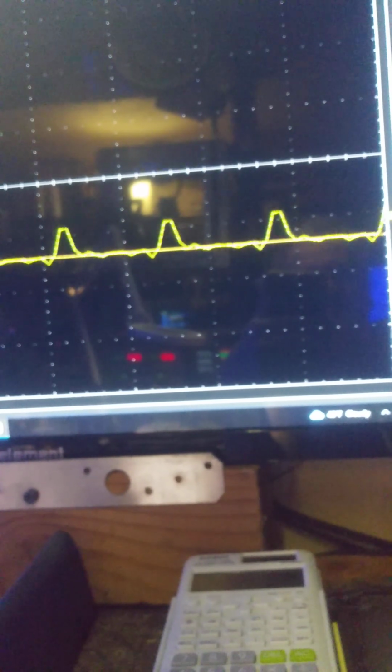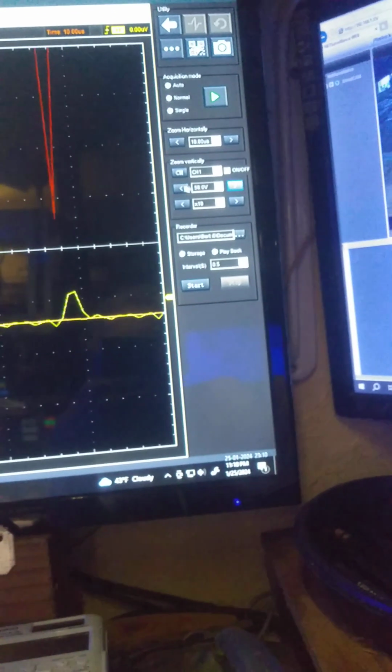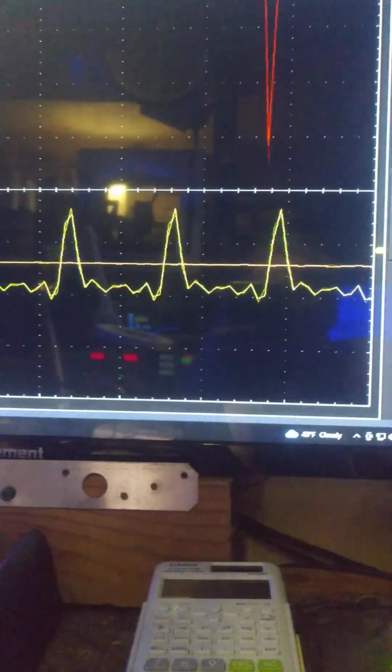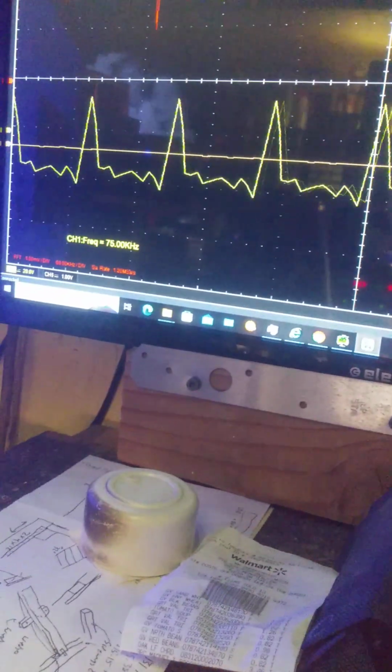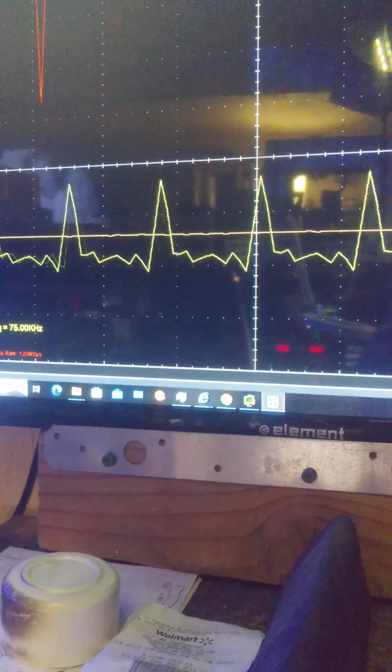It's having a difficult time with it. Let's see what happens if I change the voltage on it. No, it didn't improve anything. Still 75 kilohertz.